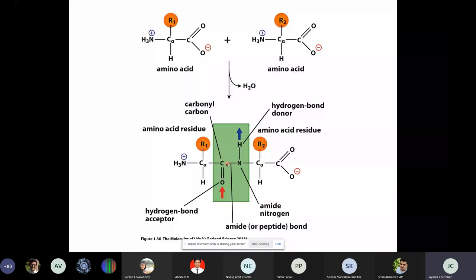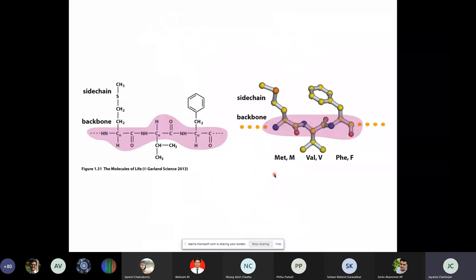The combination of rotation of this bond and this bond gives proteins their very unique structures.